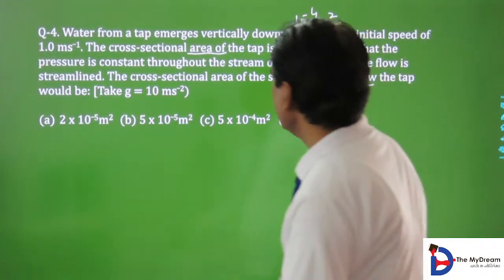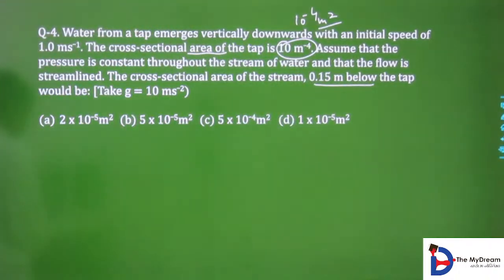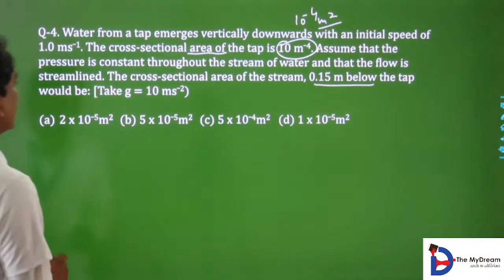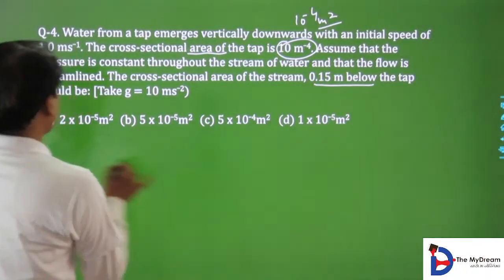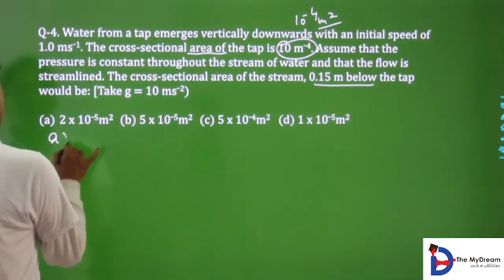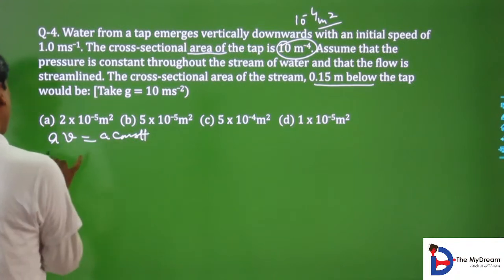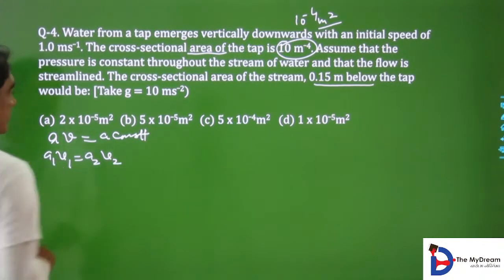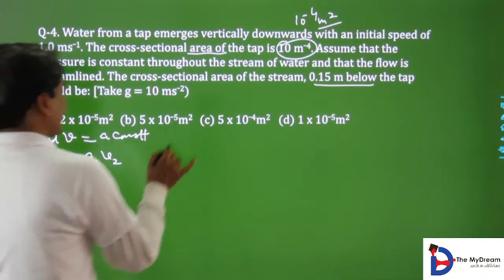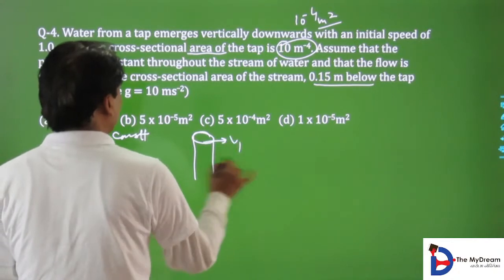So A1 V1 is equal to, according to equation of continuity, A into V is equal to a constant. So A1 V1 is equal to A2 V2. The initial speed is given to you.